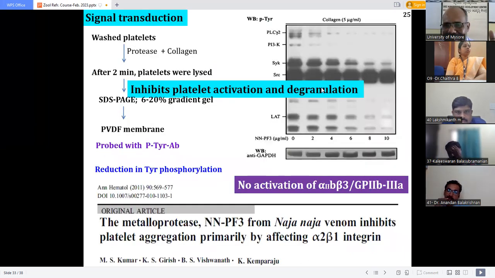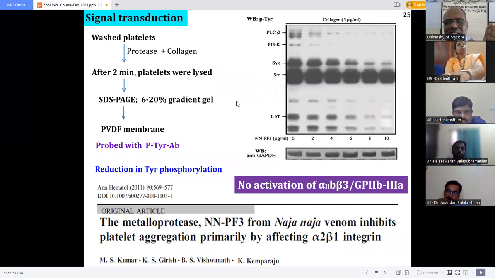See, this signal transduction we have demonstrated here. Look at this here. This is the washed platelets we have used. We have stimulated with collagen here. We can see many intracellular proteins that have phosphorylated tyrosine residues.